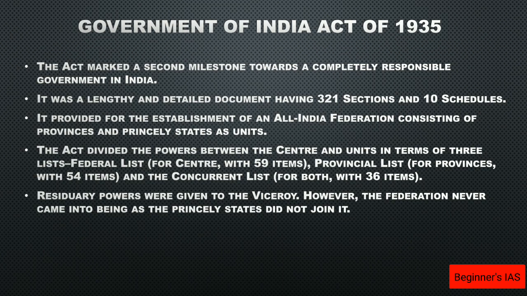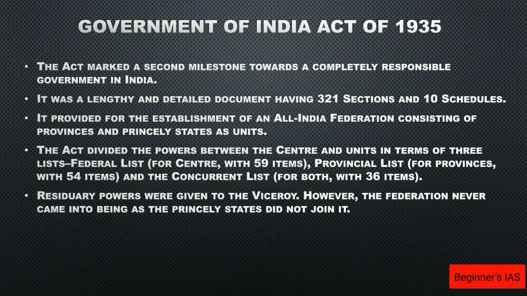This is important from an exam perspective. The provinces were allowed to act as autonomous, and also the act introduced responsible governments in provinces, which means the governor was required to act with the advice of the ministers responsible to the provincial legislature.